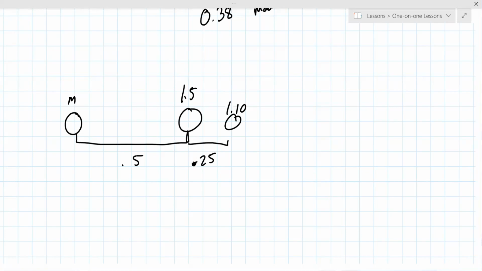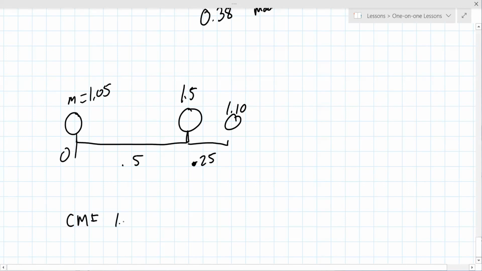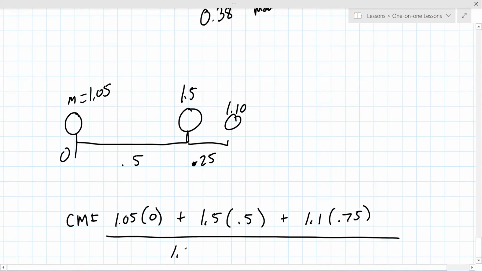So what are we doing here? Find the center of mass of the three mass system shown in the figure, relative to the 1.05 on the left. You choose that to be 0. This is the most straightforward question. The center of mass is 1.05 times its position 0, plus 1.5 times 0.5, plus 1.1 times 0.5 plus 0.25, all over the sum of the masses.